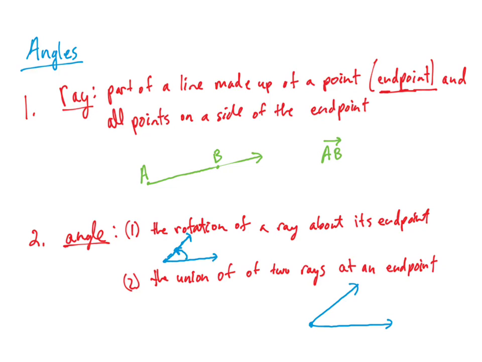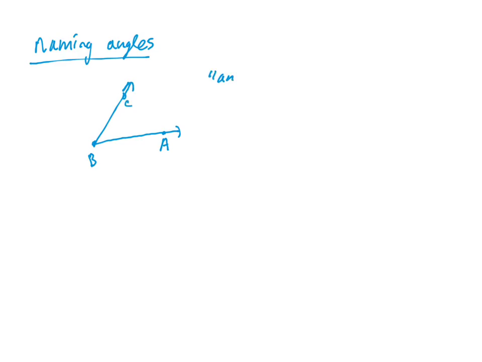So we want to talk about how we can name an angle. There are a few different ways we can name an angle. Typically, we want to talk about 3 points on the angle to use for the name. So if I have these points A, B, C, I could name this angle ABC.